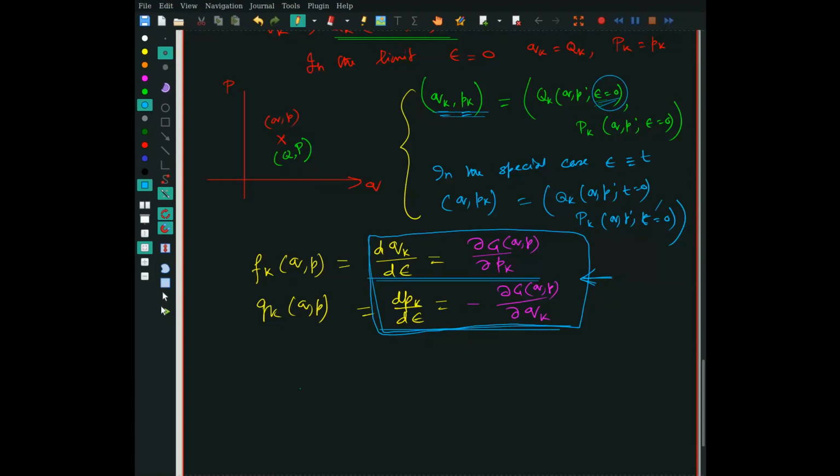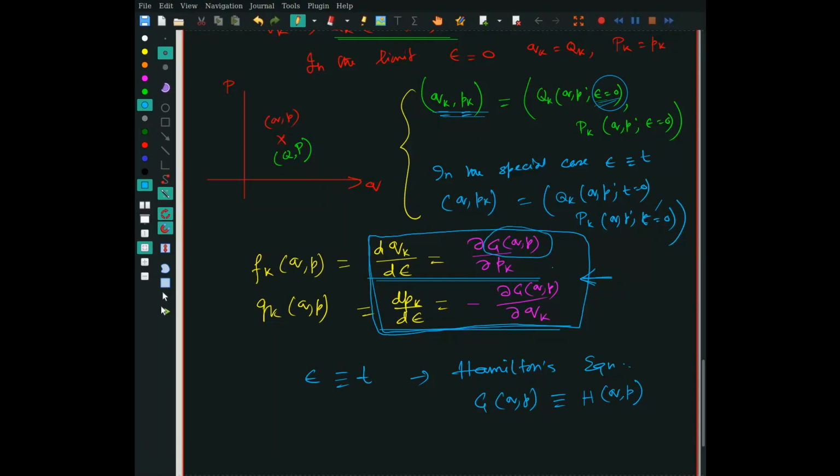Okay, so if epsilon is equivalent to t, then you get Hamilton's equation, and then this G q p is identified with your Hamiltonian, right? So your Hamiltonian is a special case of this kind of canonical transformation generator.